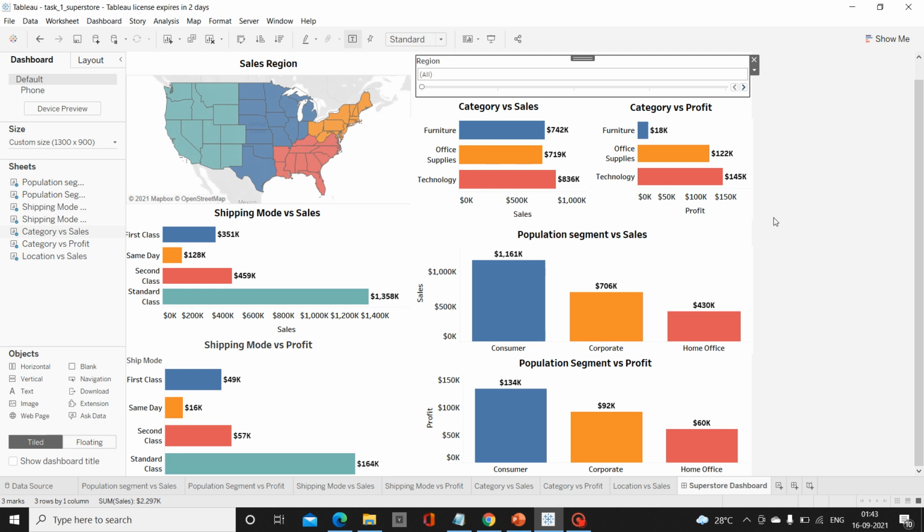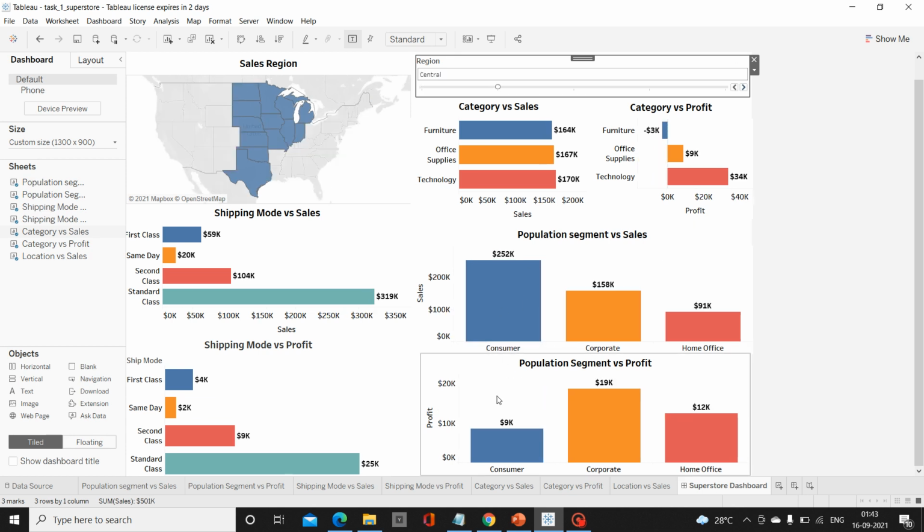In the analysis, I have come across some of the weak areas where we have to work upon, which are the contribution of consumer population segment in profit, how to improve it for the central region, then the contribution of same day delivery shipping mode in case of sales and profit, how we can work upon it so that we get decent returns on the investment of capital and logistics for the same day delivery shipping mode, and the major problem of furniture category where the contribution of furniture category in sales is nearly as equal to office supplies and technology, but due to large amount of capital investment and logistics, the profit earned is not as much as we earn in office supplies and technology.